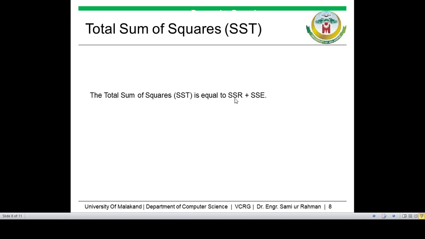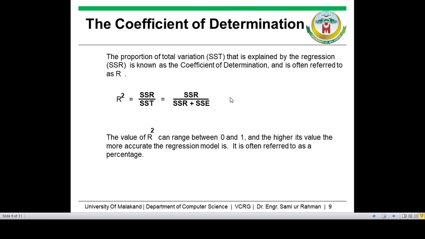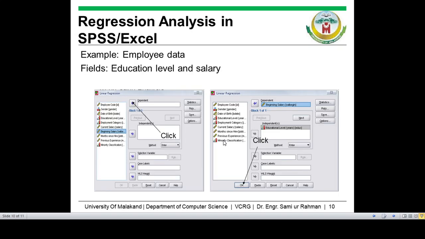And this is the coefficient, and again the range will be from 0 to 1. When it is closer to 1, the model is closely representing the observation, and if it is close to 0, then the error ratio is too much. Okay, we can perform regression analysis in SPSS or Excel.